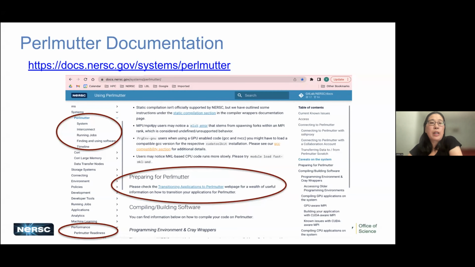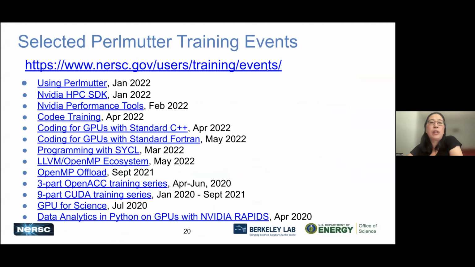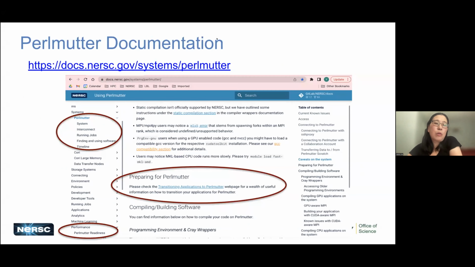I have another page about all the Perlmutter pages later, in the building and running jobs section. So here is the quick Perlmutter landing page and links to details and the readiness page.